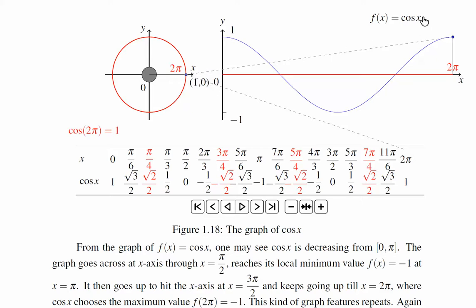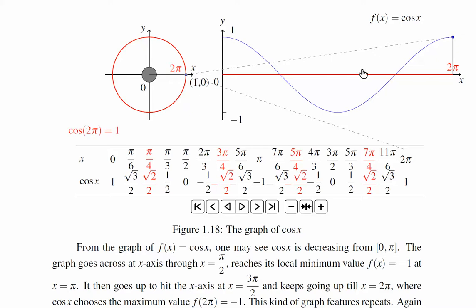So the domain is all the real numbers. But the range, f of x, is between -1 and +1. You see here, it is in this band, -1 to +1. That's the feature for domain and range.